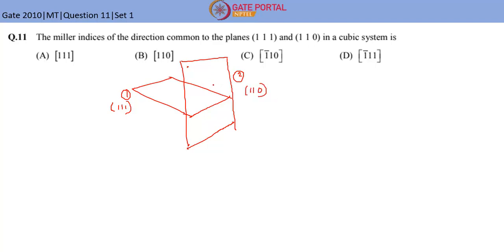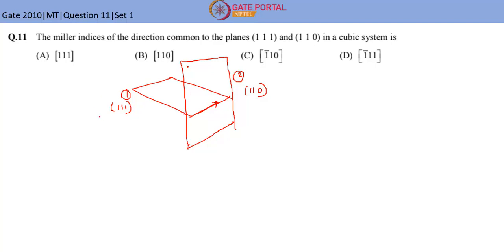Now we have to find the direction which is common to both these planes. That direction will lie in both the planes, so when these two planes intersect each other, that direction will be common to both.